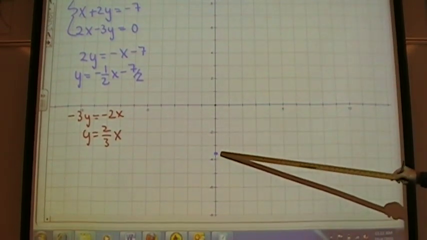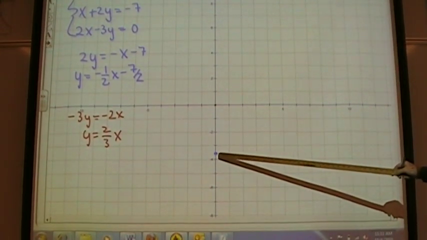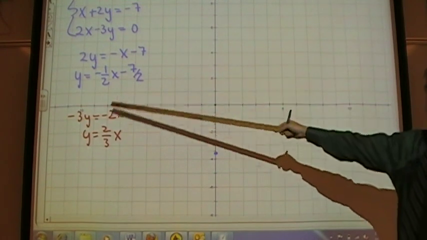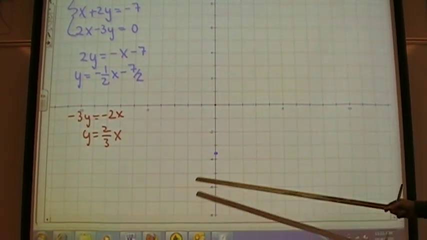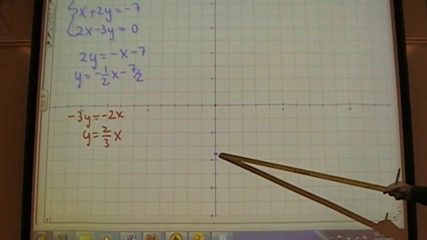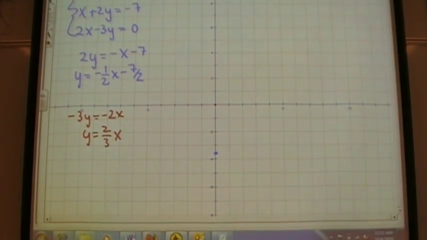So put a point at -3.5. The red writing is your second line; that's what we'll get to next. From here you go down 1, right 2, because that's my slope. Put a point, and draw a line.